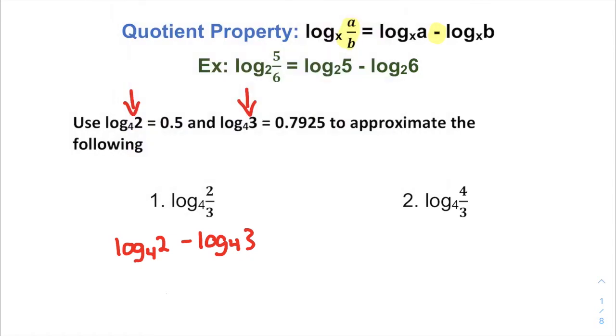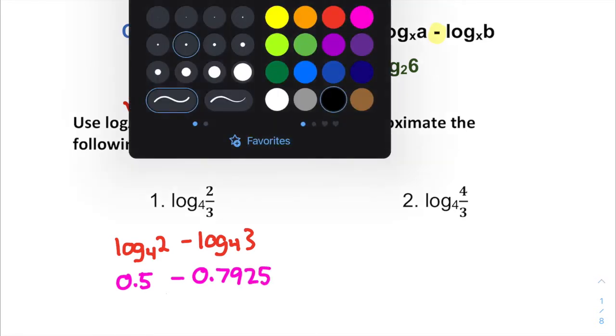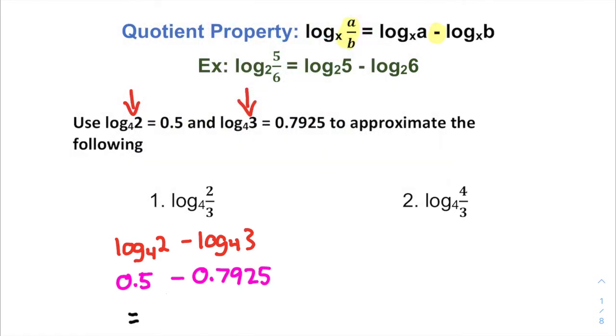Log base 4 of 2, they tell us, is 0.5 in the directions, and log base 4 of 3 is 0.7925. Subtracting those in our calculator, we could get our answer of negative 0.2925.